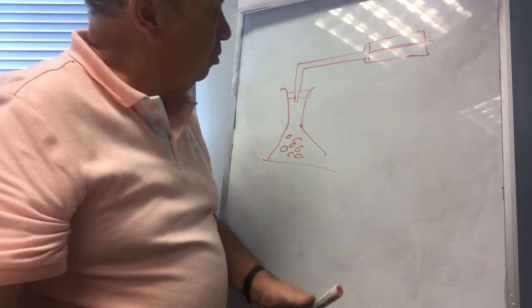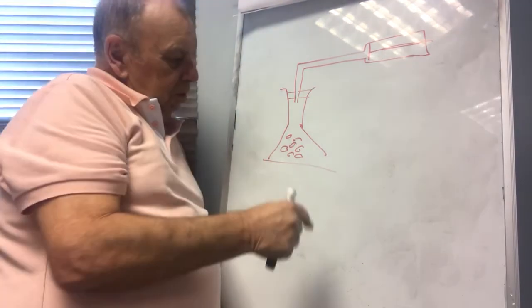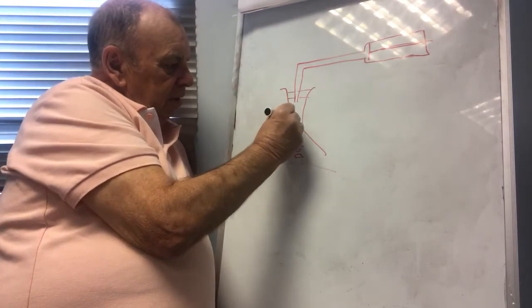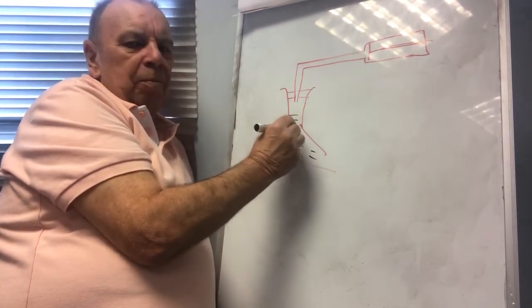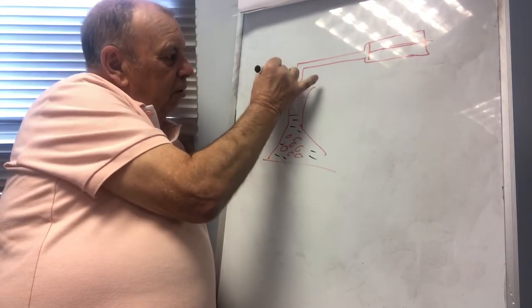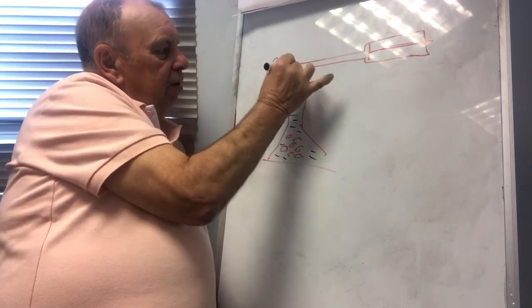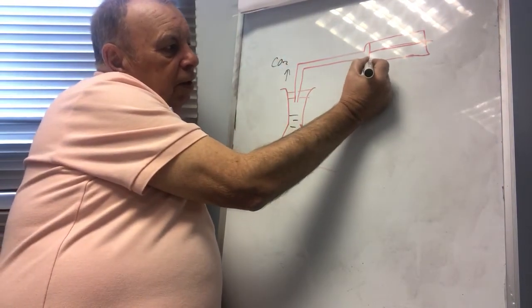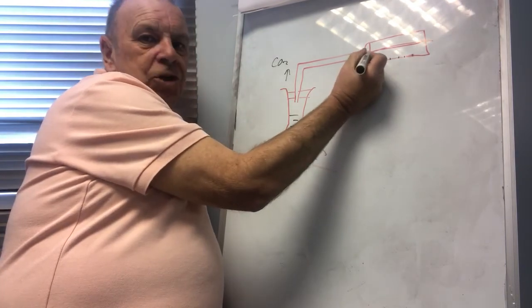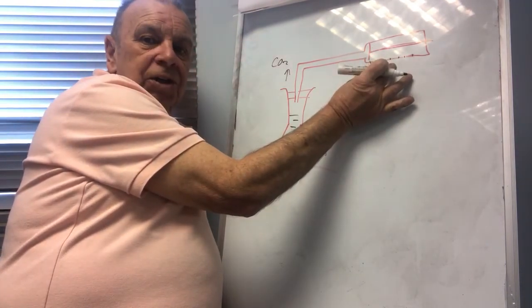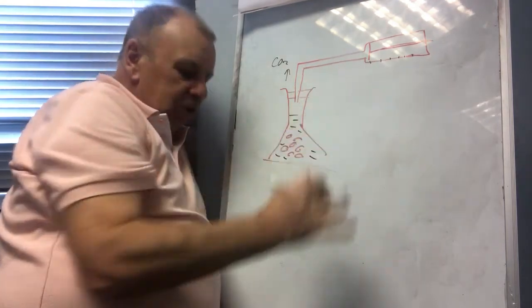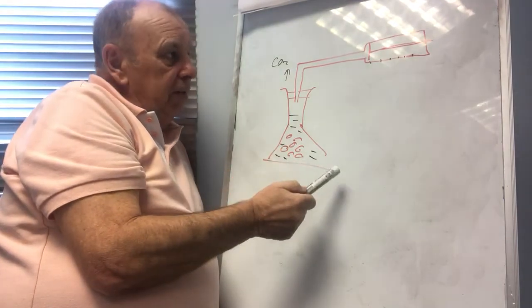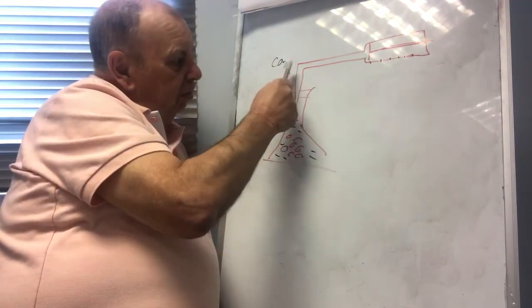By the way, I'm bad at drawing this stuff. What happens is I add the acid. I've added the acid to the marble chips. The carbon dioxide gas comes off like so, and the plunger moves, and I would see the volume of gas there changing with respect to time.